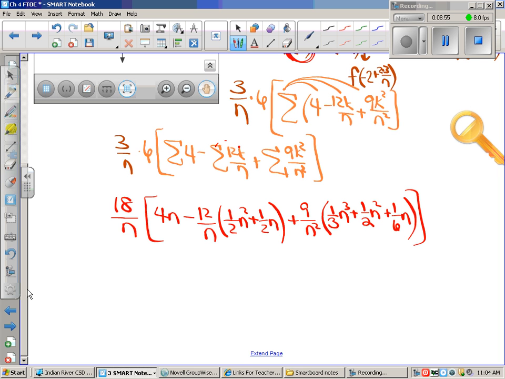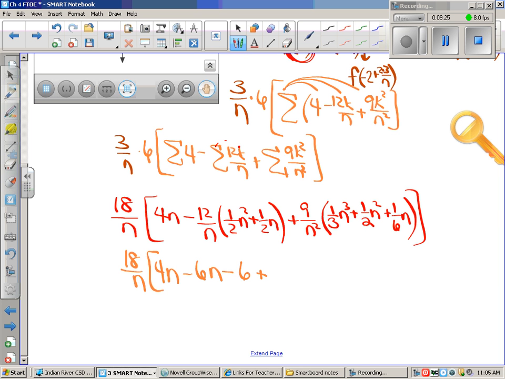So, next step, you got to combine like terms. I'm going to leave that 4n out here. We've got minus 12 divided by 2. That's 6n. Good? Remember, this is a -12 over n, so divided by this 2 is just -6. I'm not going to do that yet, but eventually. Okay.